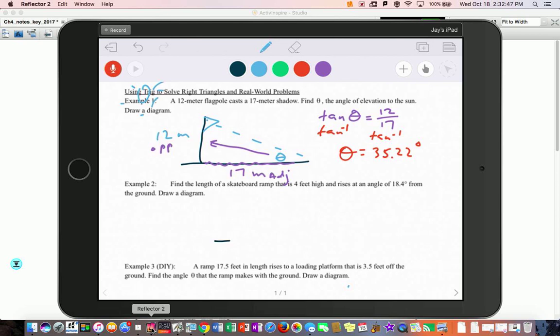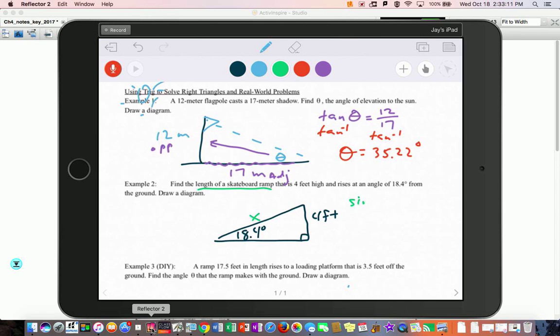This one, I draw a skateboard ramp. It's a right angle. It's 4 feet high, has an 18.4 degree rise. Now, the length of the skateboard ramp is this side. And so this would be opposite over hypotenuse.